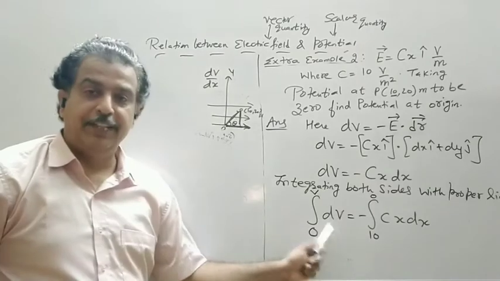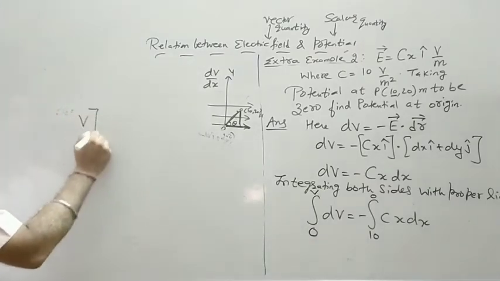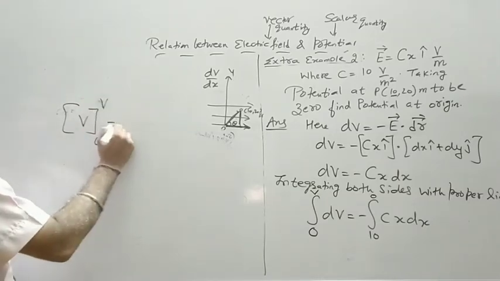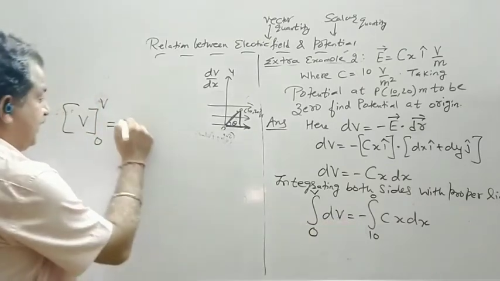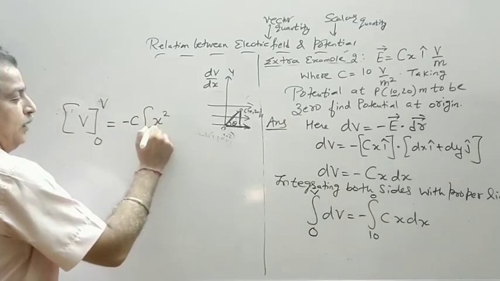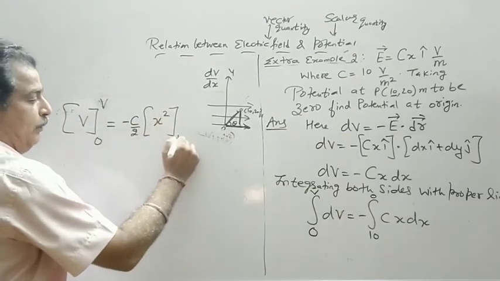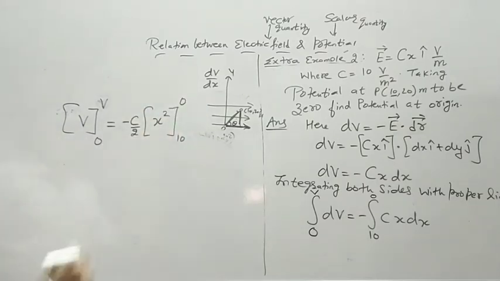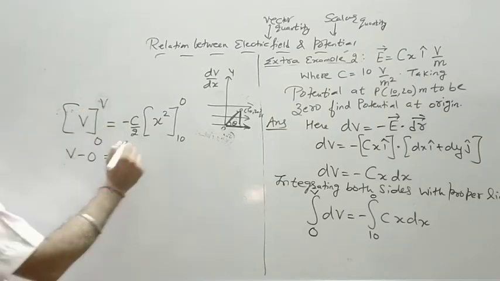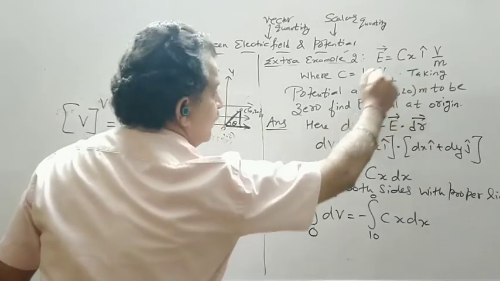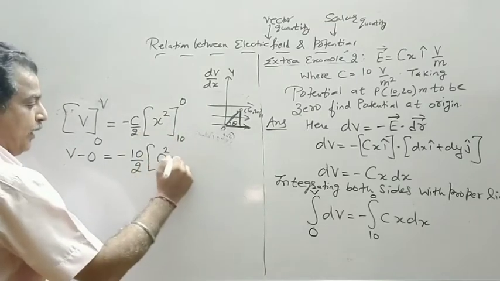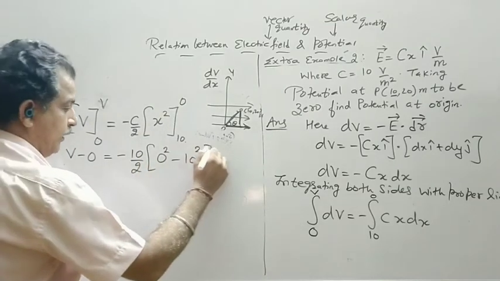Now the integration of dV becomes V, with limit 0 to V, equal to minus C times the integration of x dx, that is x square by 2, with limit 10 to 0. So this is final minus initial, that is V minus 0, equals minus C, whose value is 10, so 10 divided by 2, times 0 square minus 10 square, that is 100.